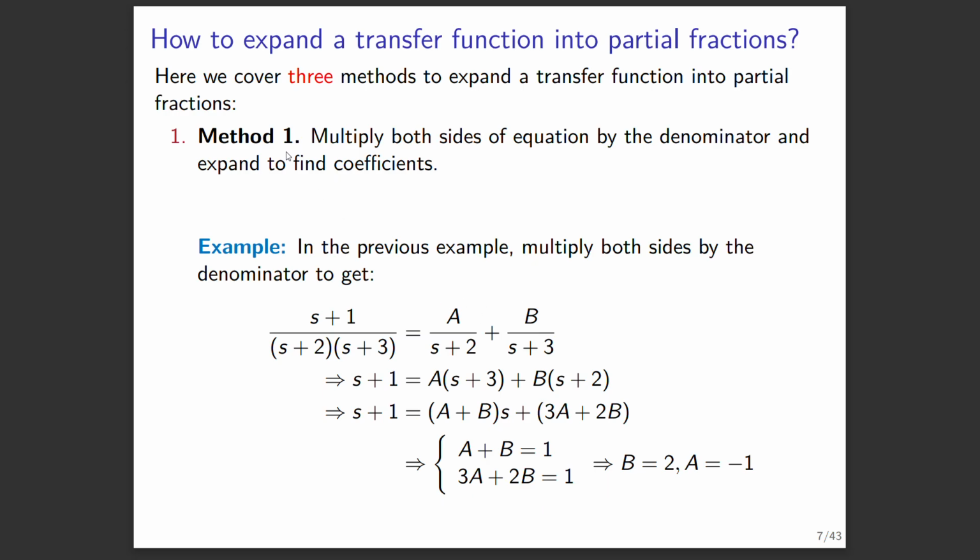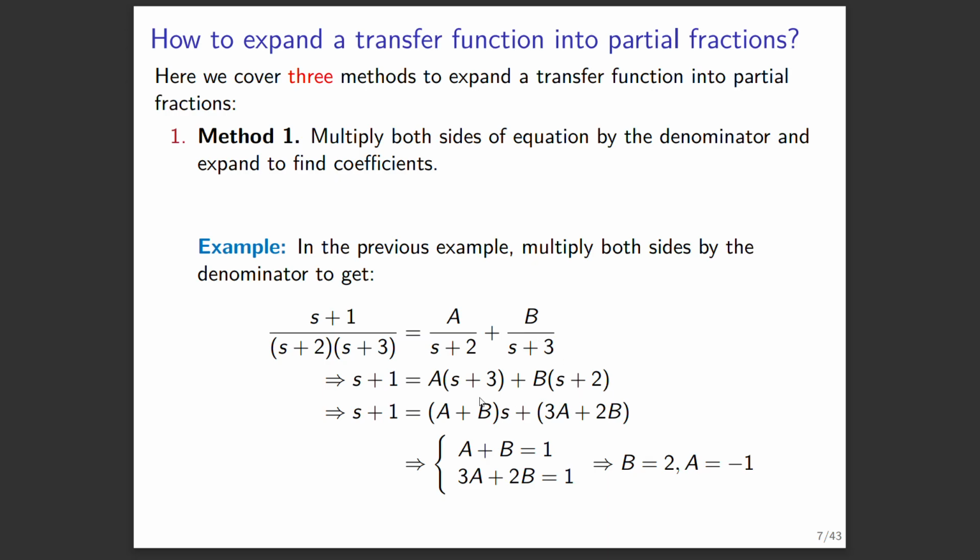And so in method 1, we just multiply both sides by (s+2)(s+3). If we do that, the left-hand side is going to have s+1. And what is going to remain from the first fraction is A times (s+3), and for the second term, it's B times (s+2).